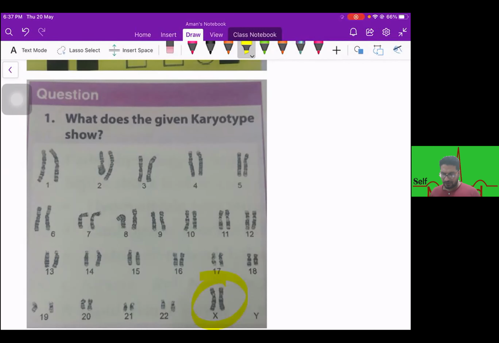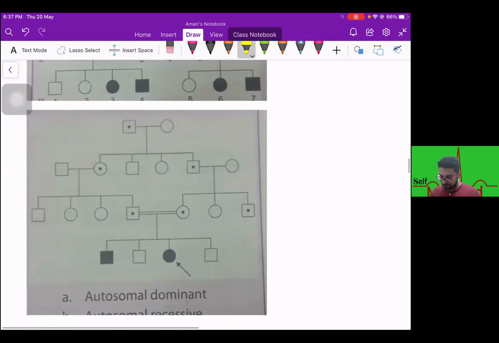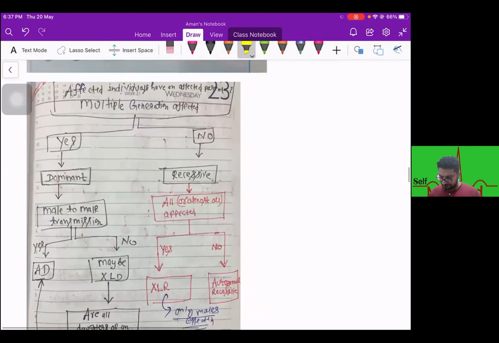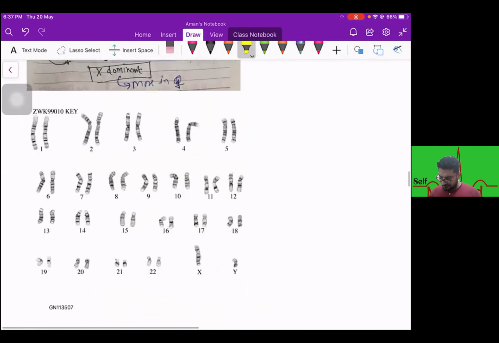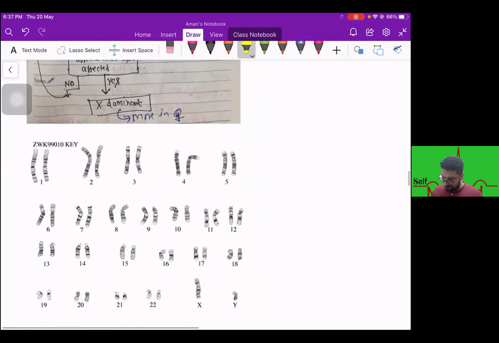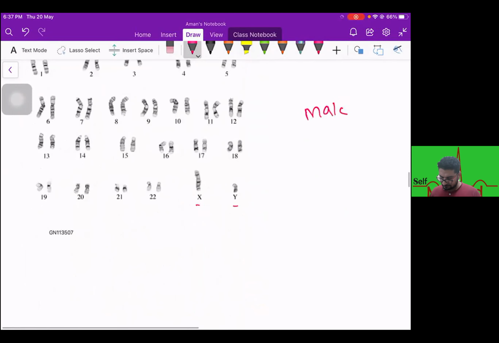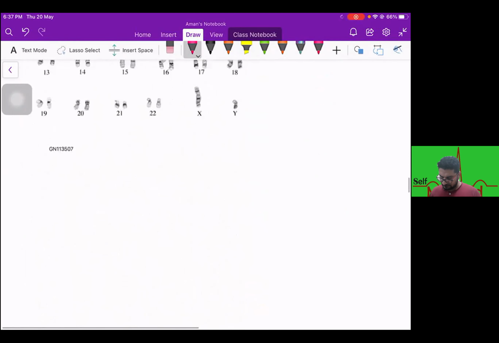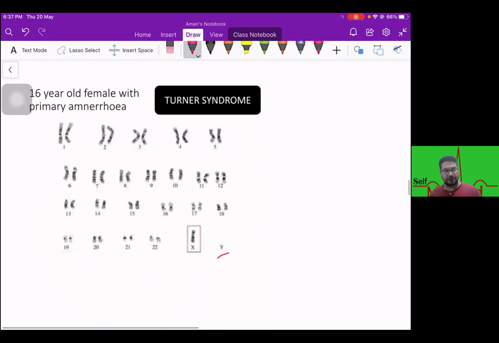So this is a normal female. Now in this slide, you can notice that the patient can have X and Y, 1X, 1Y. This is again a normal male. You can see here 1Y is missing, so this is Turner syndrome.